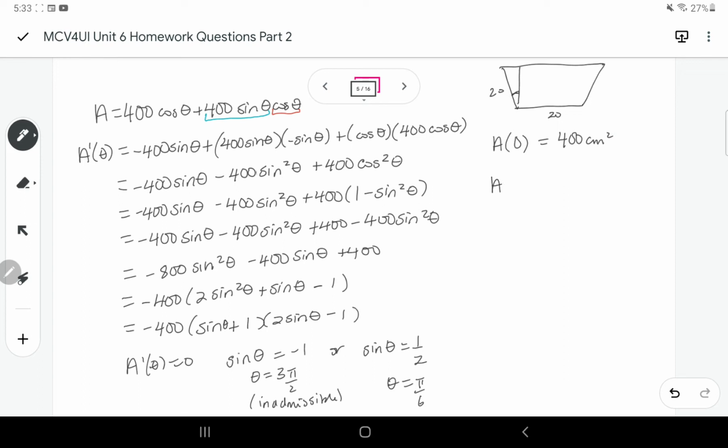The area at pi over 6, using the calculator here, we would have 400 times cos theta, which would be root 3 over 2, plus 400 times sine theta, which we know is a half, and cos theta, which is root 3 over 2.